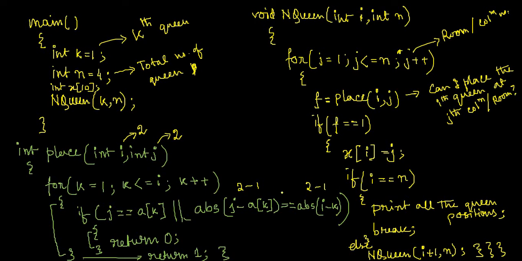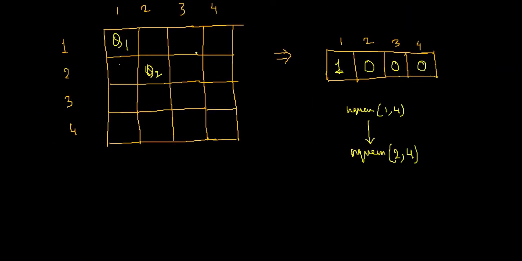Since the absolute values of these are same, this criteria will be fulfilled. So automatically, at that moment, it will return 0. The place function will return 0. And that is correct, that we have seen over here. It should not be possible.